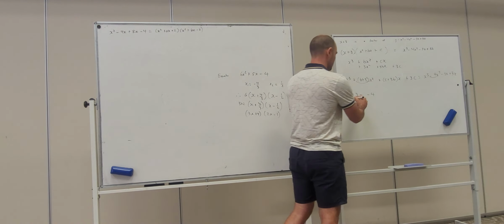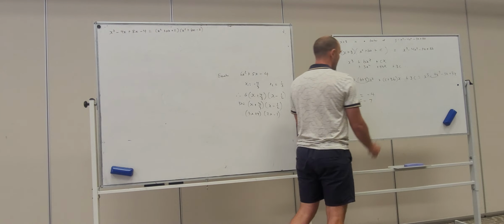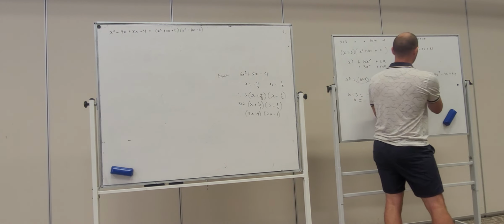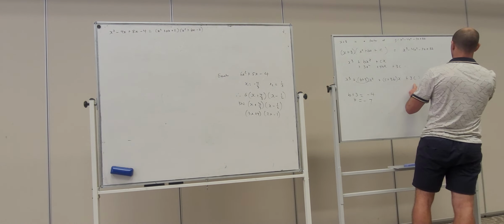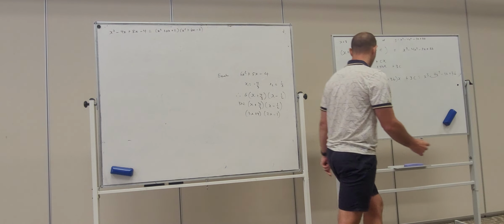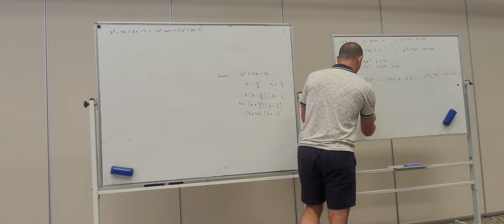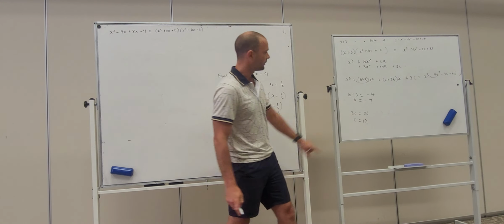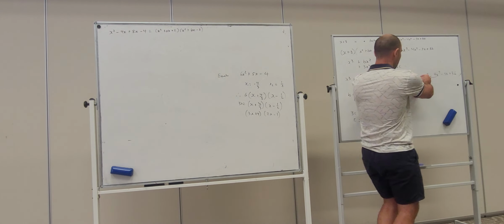This gives me b is -7. And I can look at the last one. I have 3c is equal to 36. So this gives me c is 12. So the constant term, 3c, equals 36.